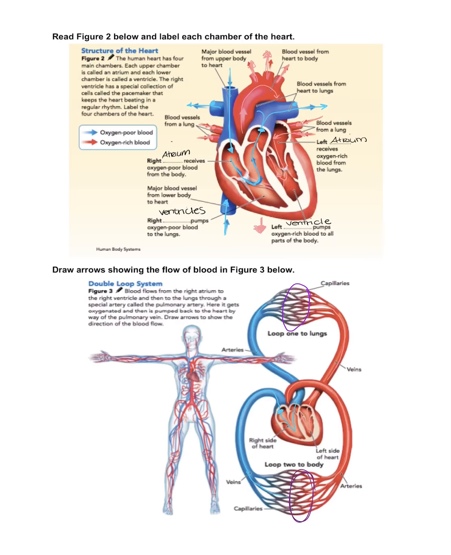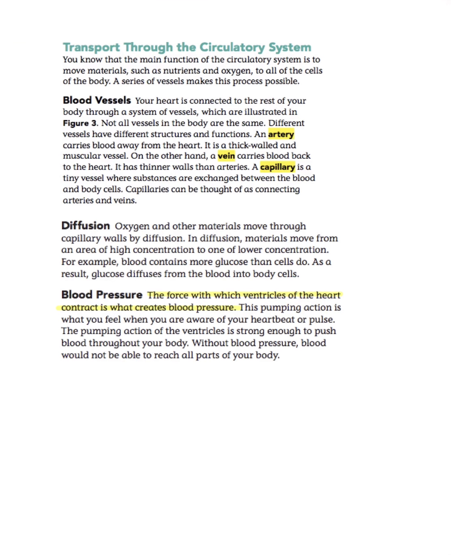So those words that I was using: artery, vein, capillary. Your heart is connected to the rest of your body through a system of vessels, which are illustrated in figure 3, which we just looked at. Not all of the vessels in the body are the same. Different vessels have different structures and functions. An artery carries blood away from the heart.